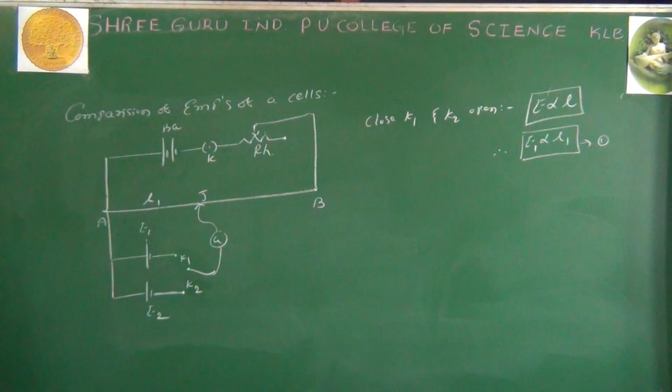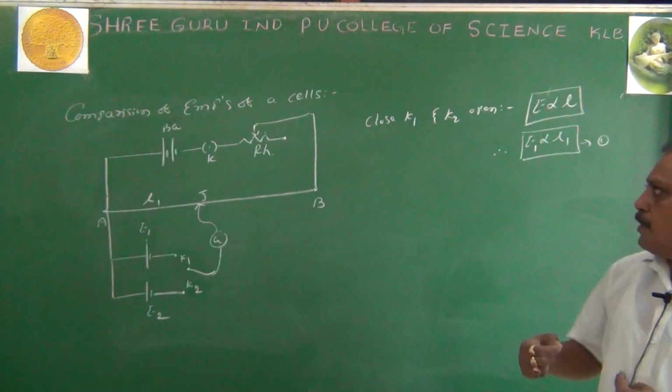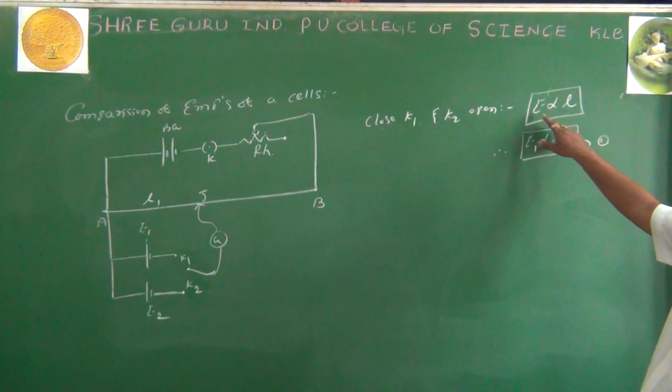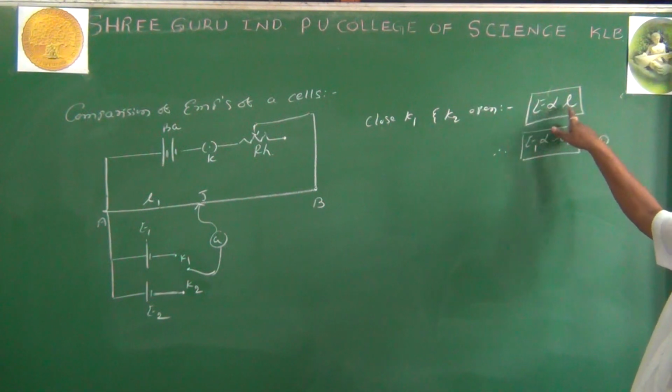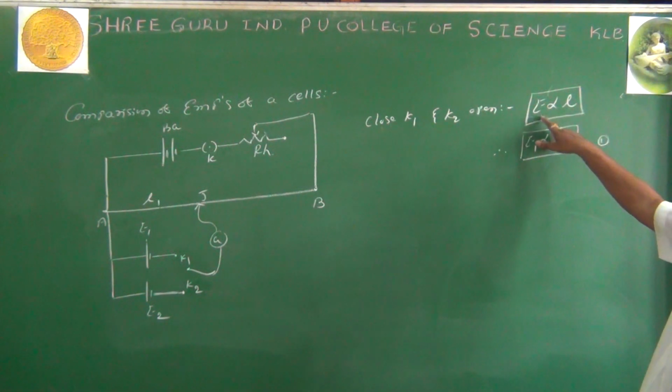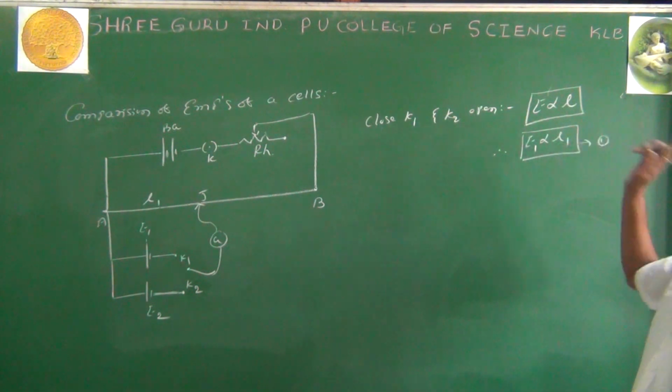Then we know the principle of the potentiometer, V is directly proportional to L. V is measured in volts, EMF is also measured in volts, similar quantities can be compared, V is replaced by E, E is directly proportional to L. Then I can say that E1 is directly proportional to L1.